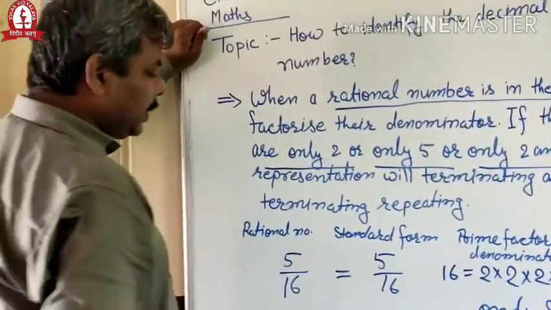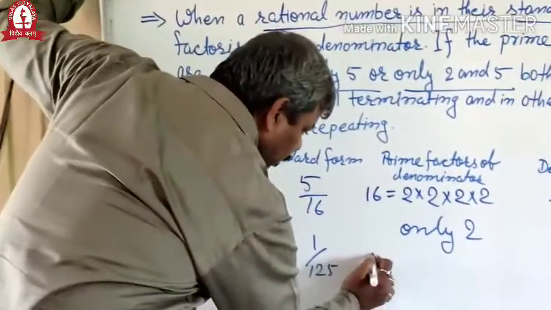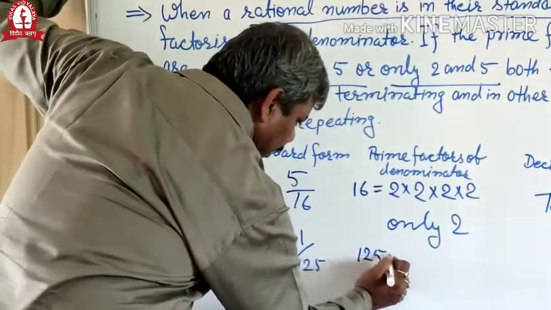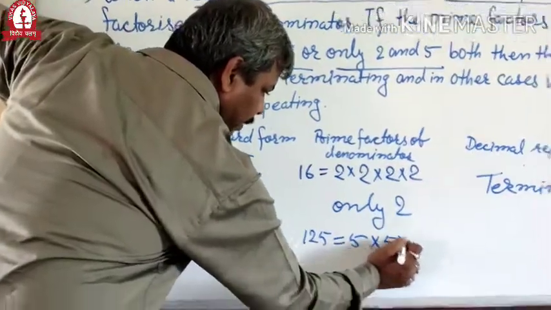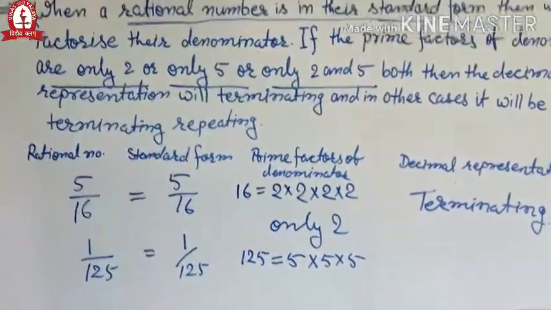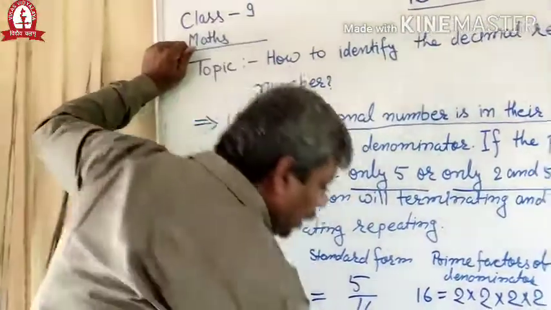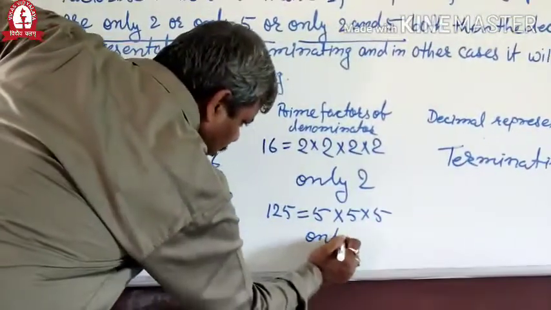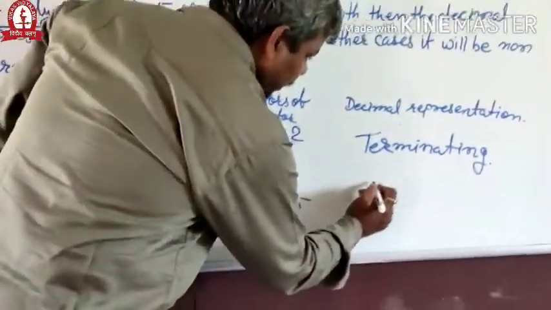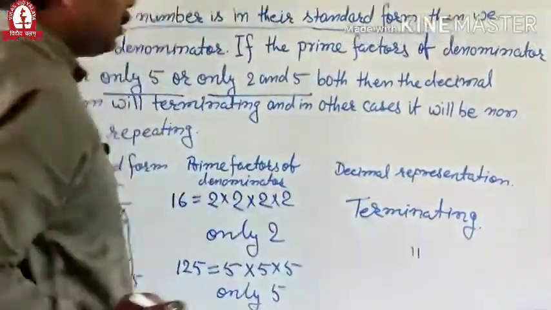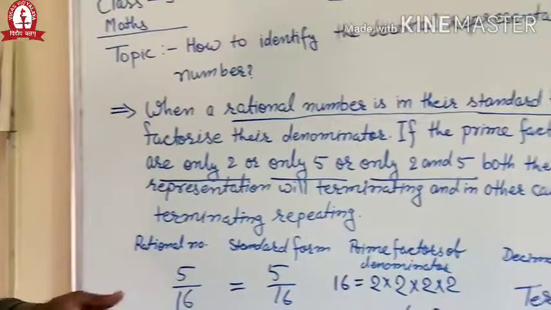Now we factorize its denominator, and 125 is written in prime factorization as 5 into 5 into 5. Here the prime factors of the denominator are only 5. So its decimal representation will be terminating.